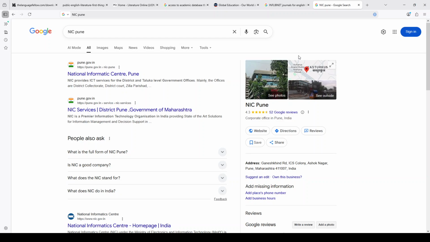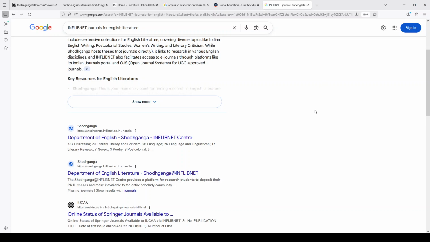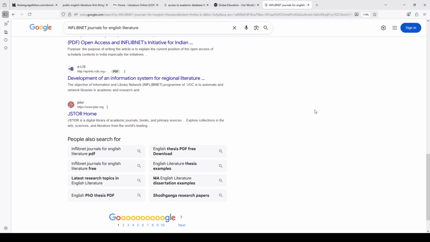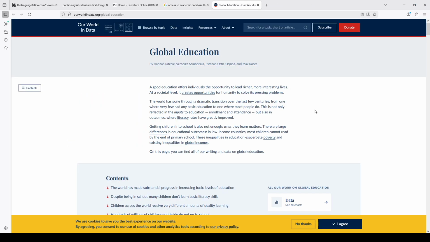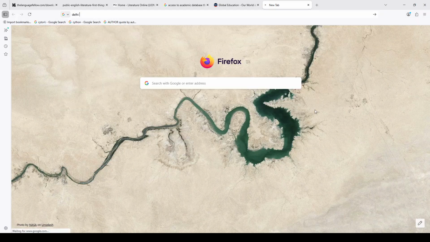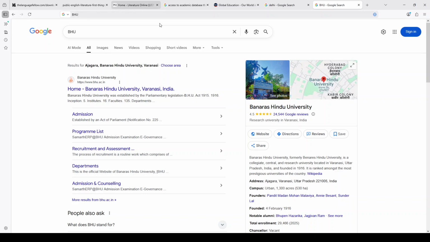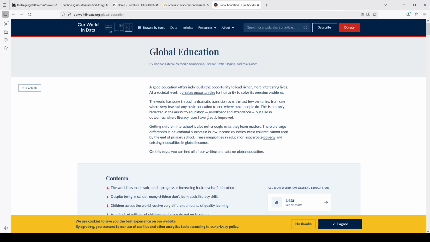These are the main things to know about your own country, India. So in INFLIBNET, I don't know if you know about these things, but of course, if you're talking about India, you're talking about Delhi, and BHU, and such other centers where you have renowned English departments and so on.